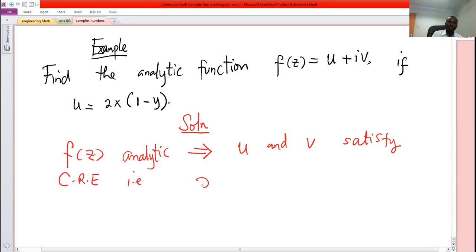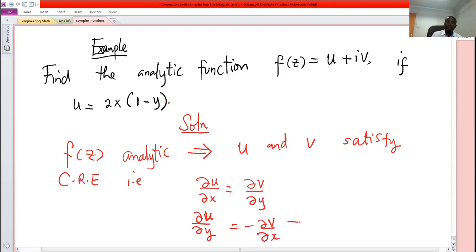That is partial u partial x equals partial v partial y, and partial u partial y equals negative partial v partial x.